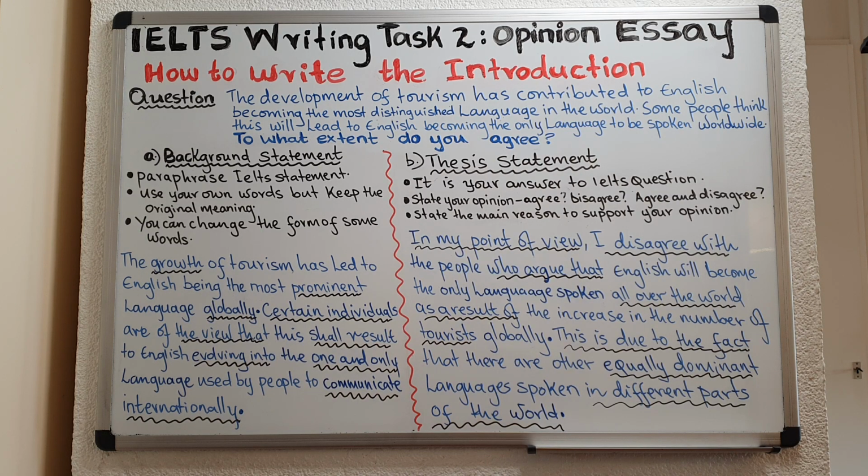If you choose to agree and disagree, then be very careful, because you could get very confused. You might end up writing an essay which the examiner may not understand the development of your ideas. It becomes very complicated when you agree and disagree.